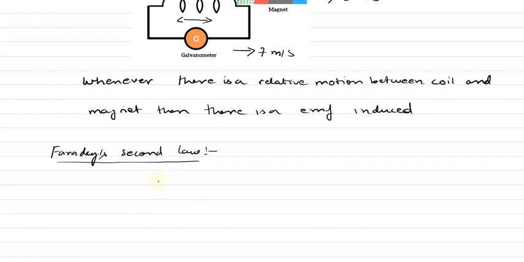So if we consider the magnitude of induced EMF as E, it will be directly proportional to the rate of change of magnetic flux. Rate of change of magnetic flux means change in magnetic flux upon change in time. So this is the average induced EMF.